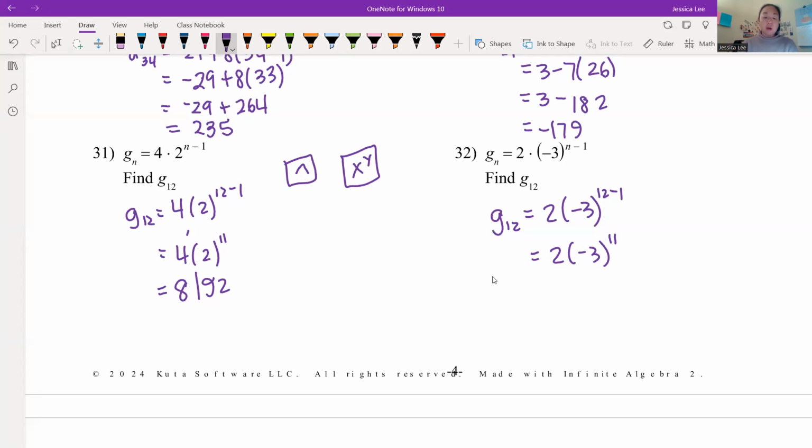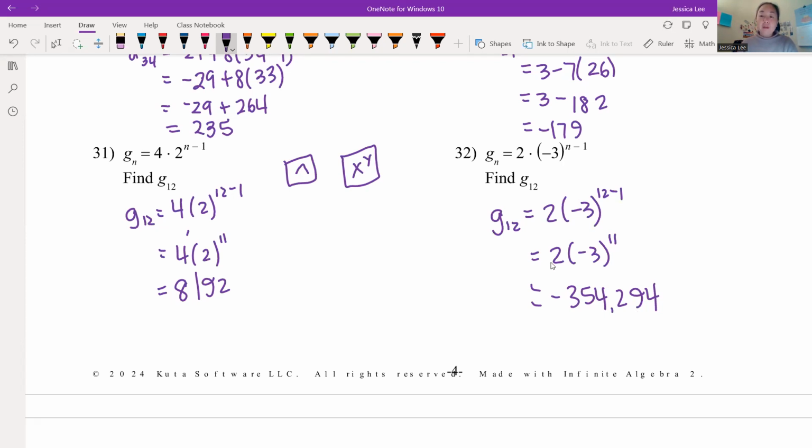So if you always want to be right, put in the parentheses, to the 11th power. And you see what I got? Can you see what I see? All right, so that's going to be negative 354,294. It's a very big number.